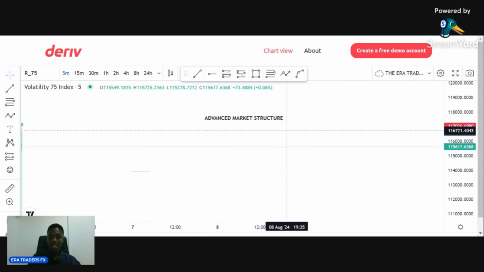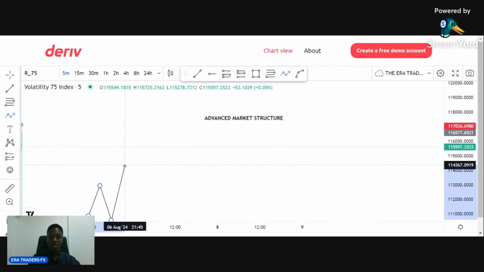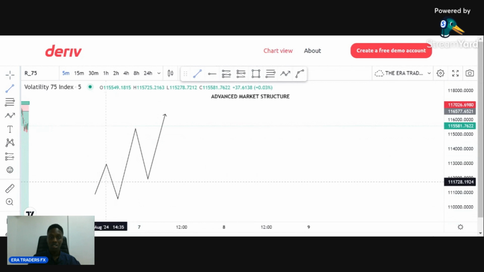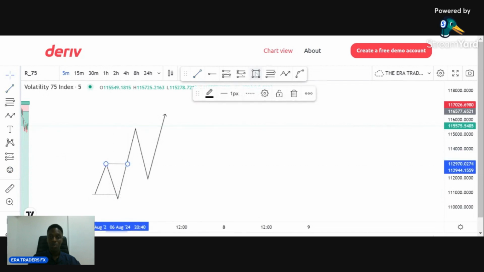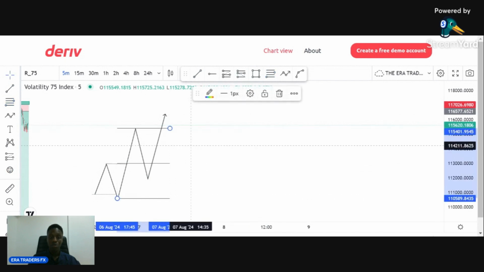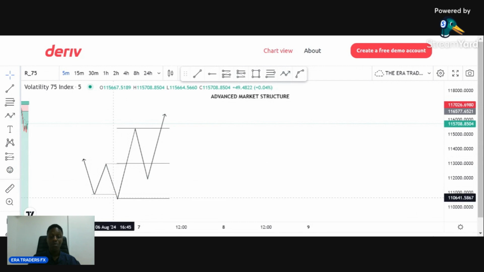So when a market gives you, for you to know that the market is now on an uptrend, the market must take out liquidity, then break structure, before we can say this low is valid. Before we can use this low as our low, before we want to be buying from the discount, this low must first take out liquidity. There must first be a sweep before the break of structure.